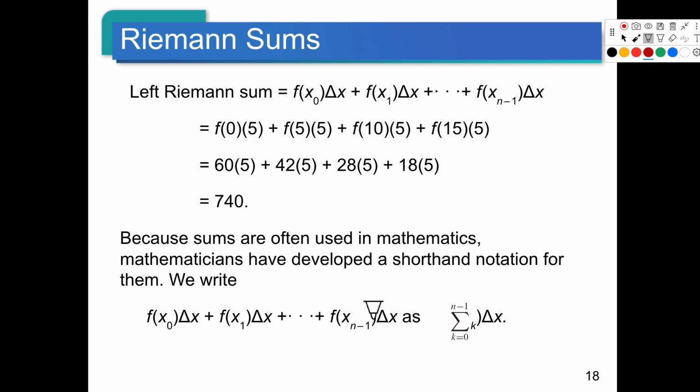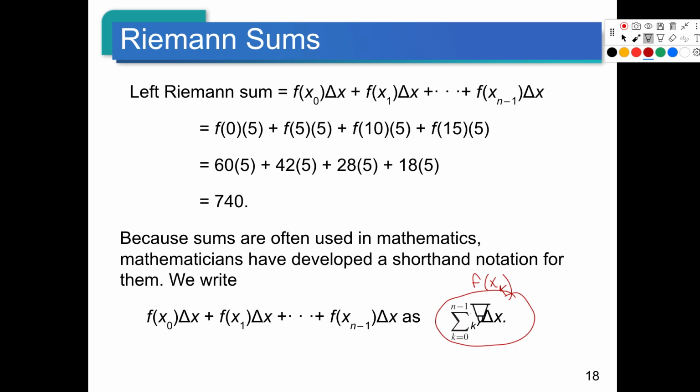And down here is just some notation. It's called sigma notation because that's a Greek letter sigma. It's used for the sum. I think there's a problem with this; it should be f of x sub k.